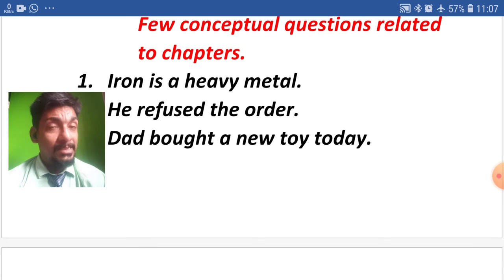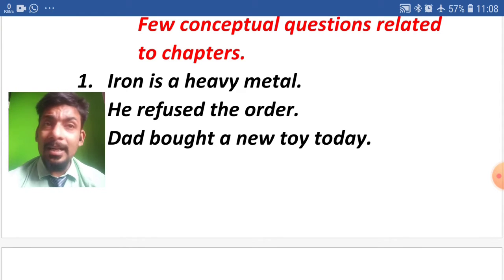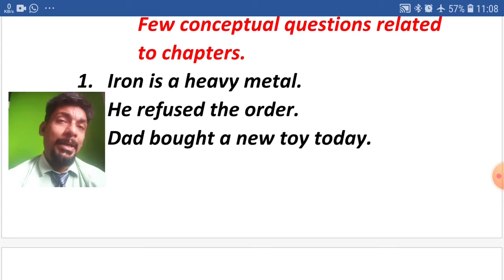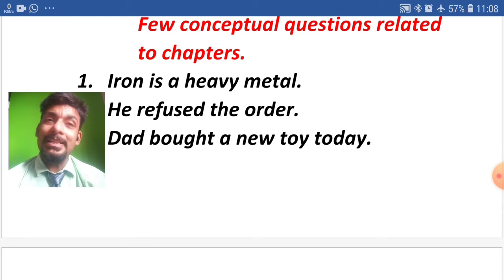Iron is the subject. Is is the verb, means helping verb. And a heavy metal is the object. And finally, is and a heavy metal together make the predicate.